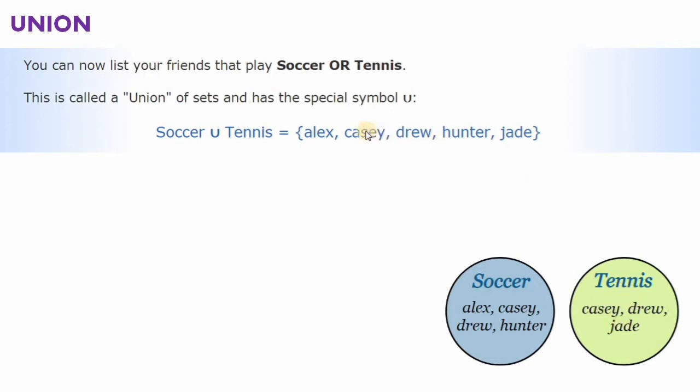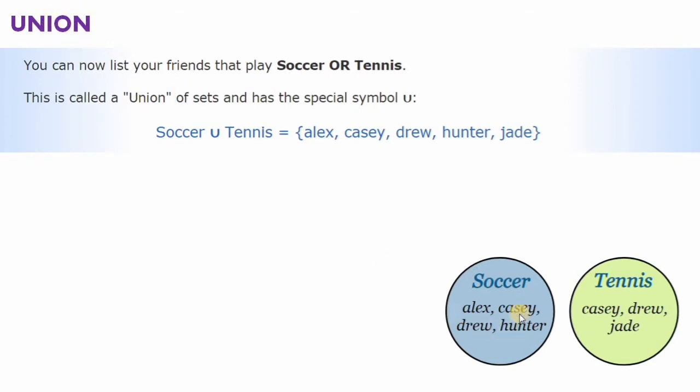The people who play soccer are included in this, and the people who play tennis are also included in this. The very word union means to add up.